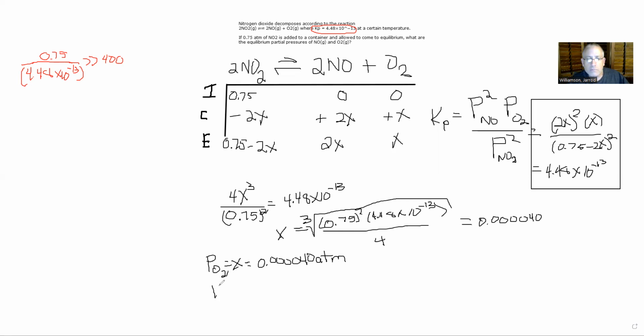The pressure of NO will be equal to 2x, and that will be double this number, so it'll be 0.0000080 atmospheres.